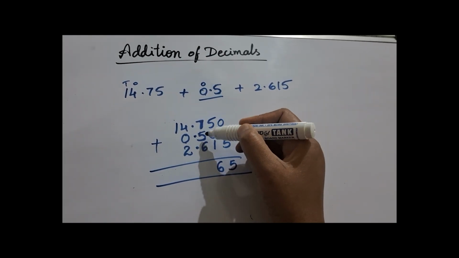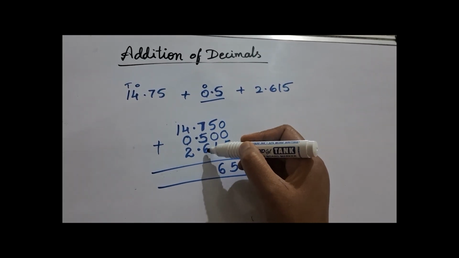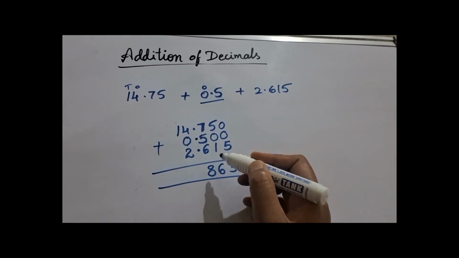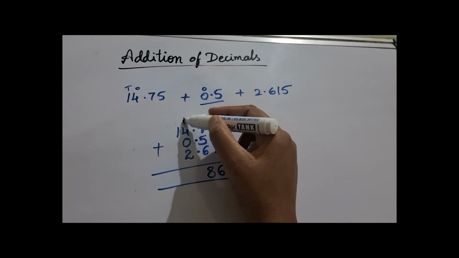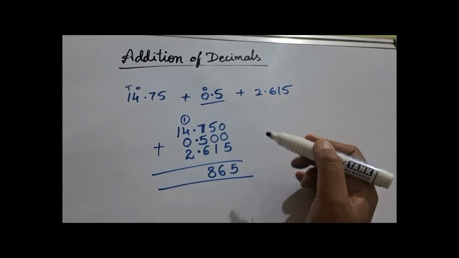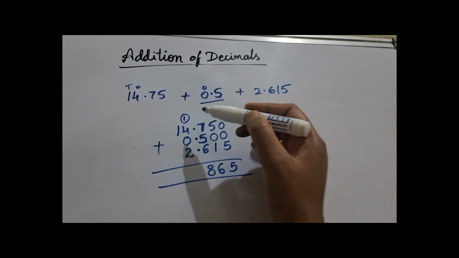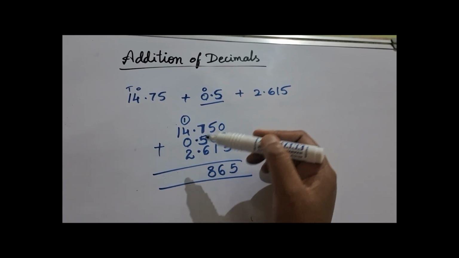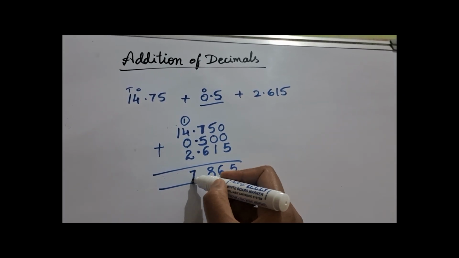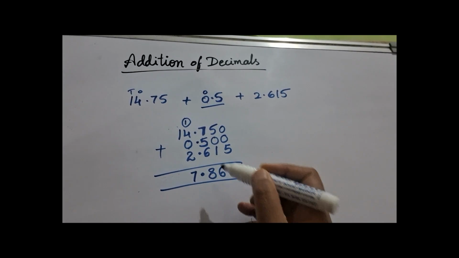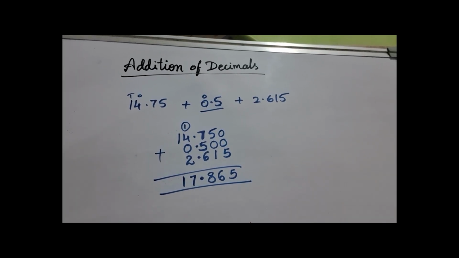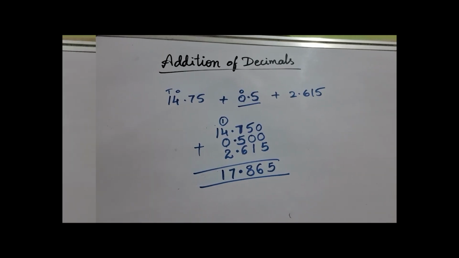Okay, 7 plus 5, 12, 12 plus 6, 18. So 18, the carry can be forwarded to the whole part. Okay, children. Next, here we can add 1 plus 4, 5, 5 plus 2, 7. And here 1 is remaining. Okay, children. In this way we need to add the decimals.